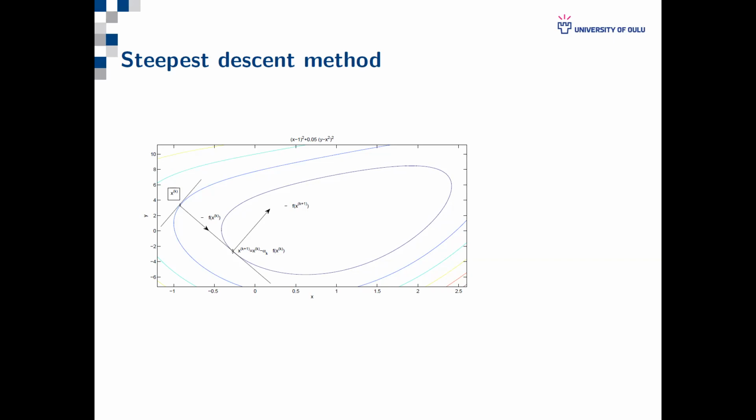You can see that this function vanishes at x equals 1 and y equals 1, so at the point (1, 1), somewhere here, is the minimum point.